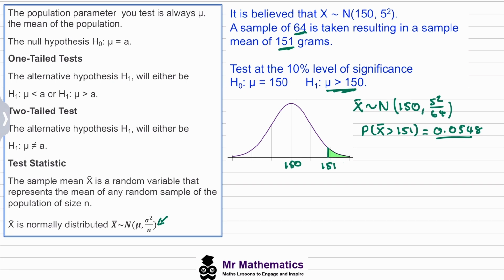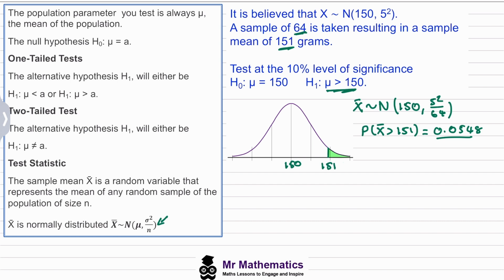So now we need to compare this against our significance level. And you can see that 5.4% is less than the 10%. So this means that the 151 will fall within this critical region.